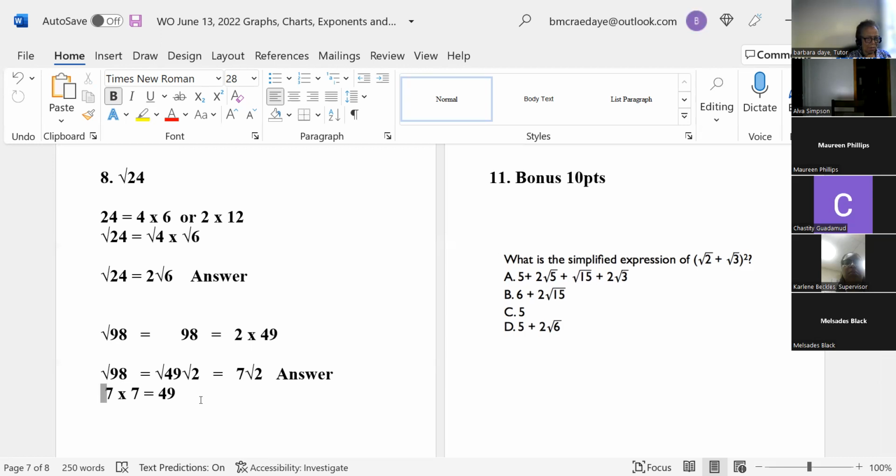Am I saying it wrong? No, I don't understand what you're saying. If I should put the answer 7 with the 2 for the 98 answer, would that be correct? 7 with the square root of, not 2. Yeah, that'd be 7 times square root of 2.